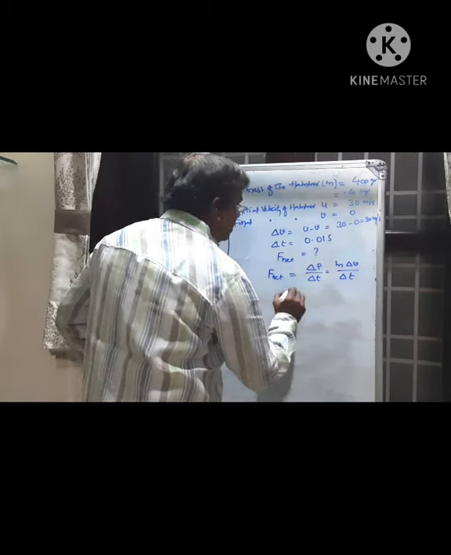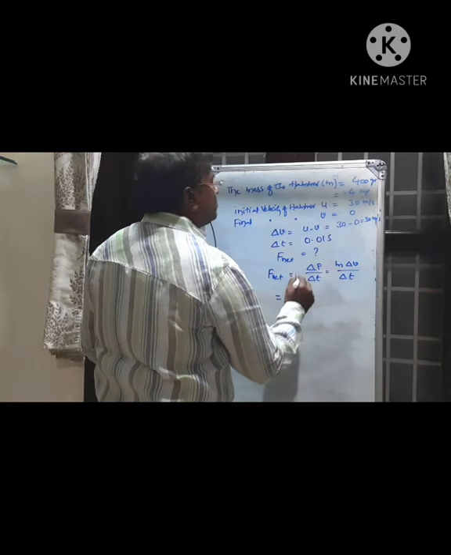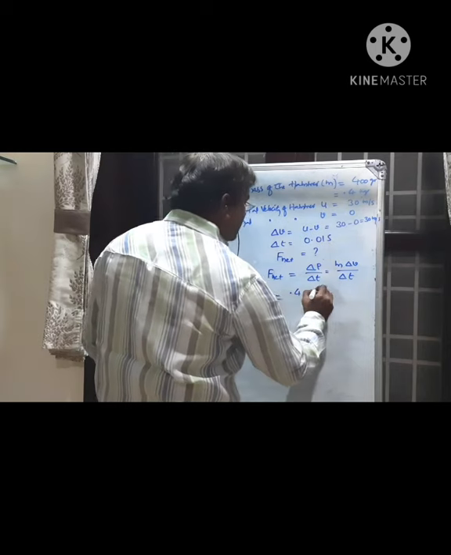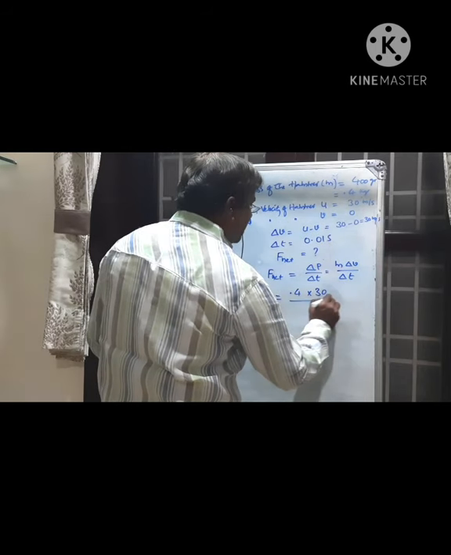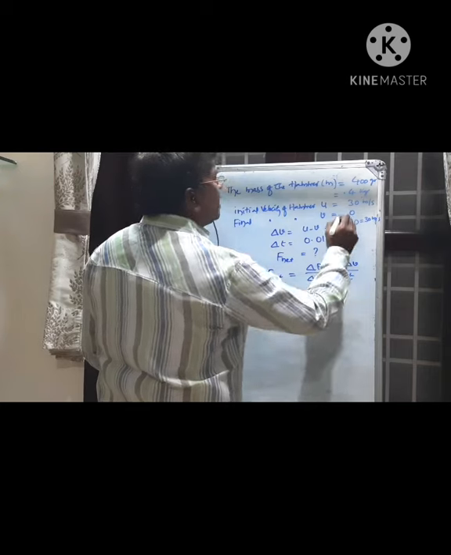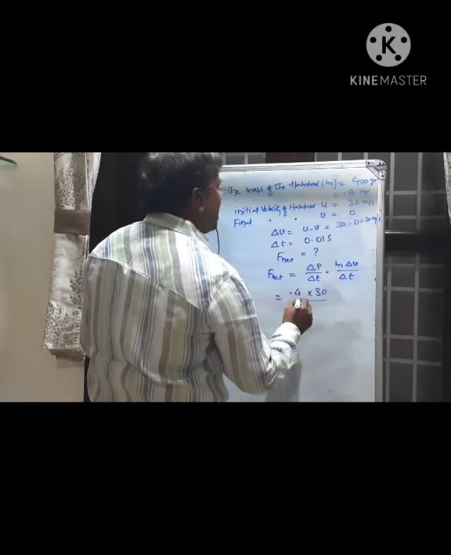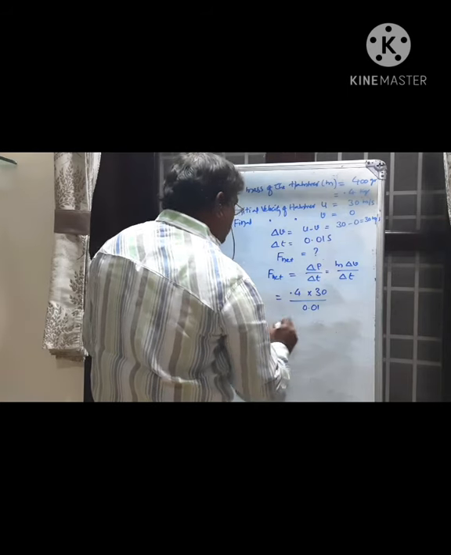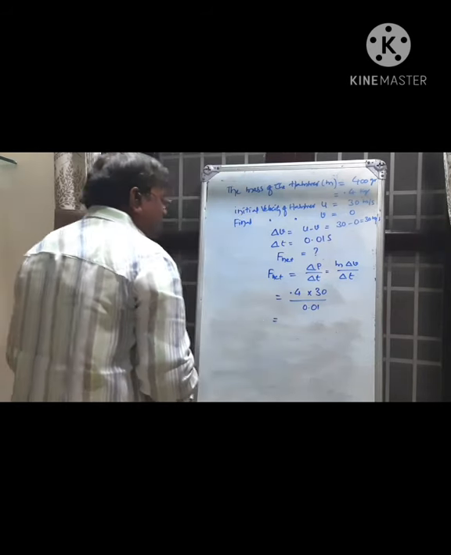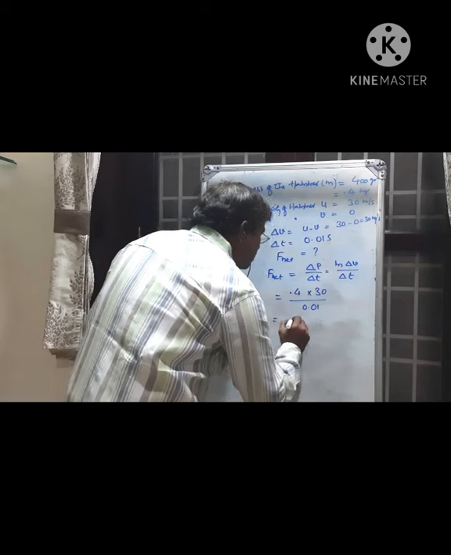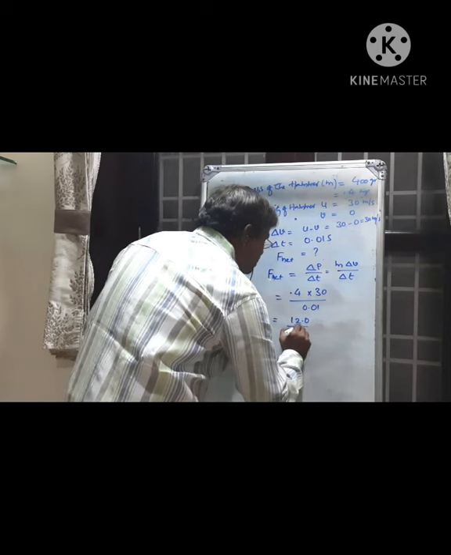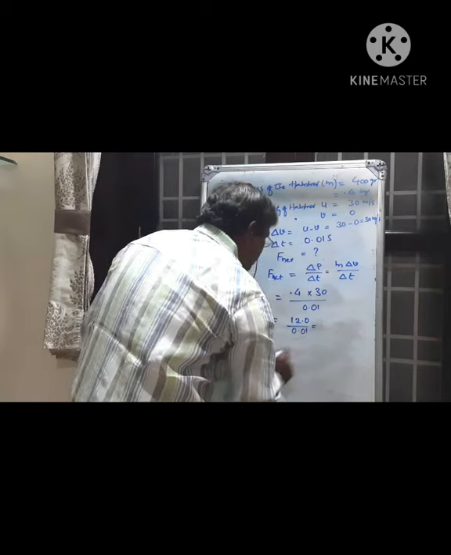So substituting the values, what is m? And 4 into, what is delta v? It is 30 by, what is delta t? Impact time, that is 0.01. So solving this, 12.0 by 0.01.